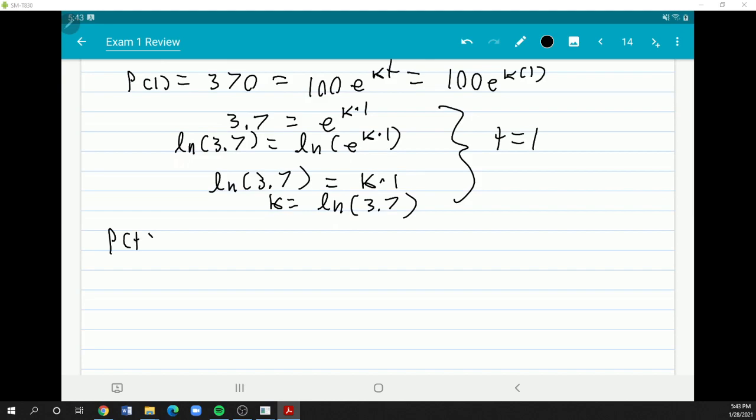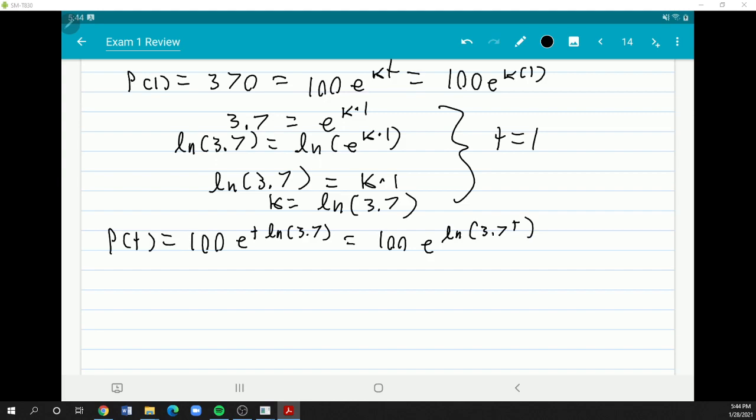So P of t is equal to 100 e to the, I'm going to write it this way, t log of 3.7. Why write it this way? Because I can say this is 100 e to the natural log 3.7 to the t.